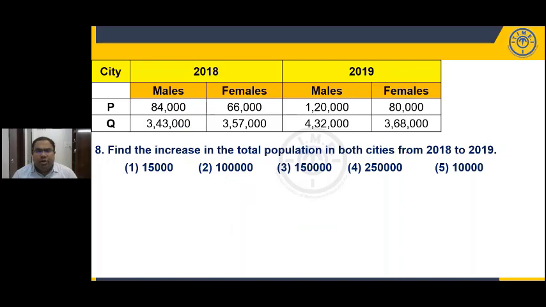Find the increase in total population in both cities from 18 to 19. You can find out the answer, but how will you find out? That is important. Can somebody explain how you will find out the increase in total population from 18 to 19? I'll give you the time. You'll solve, you'll get the answer. I'm pretty sure, but can you tell me how you will get the answer? What's the procedure?